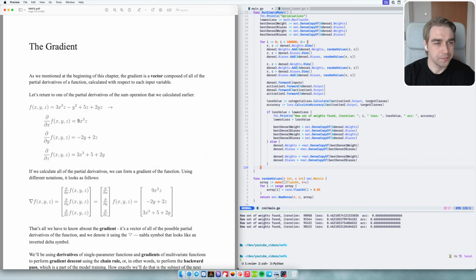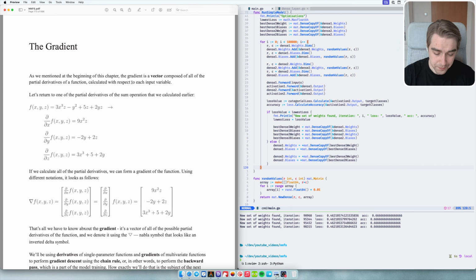The gradient. As we mentioned at the beginning of the chapter, the gradient is a vector composed of all the partial derivatives of a function, calculated with respect to each input value. So, for example, we have a function, as I assume, like our neural network.